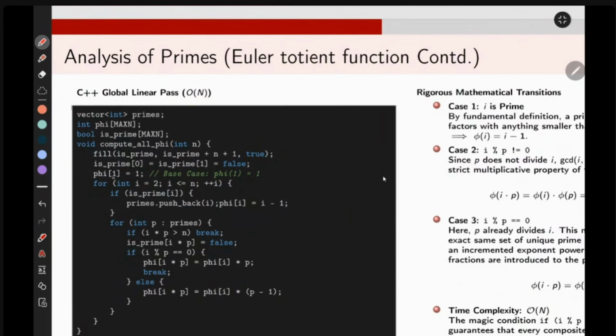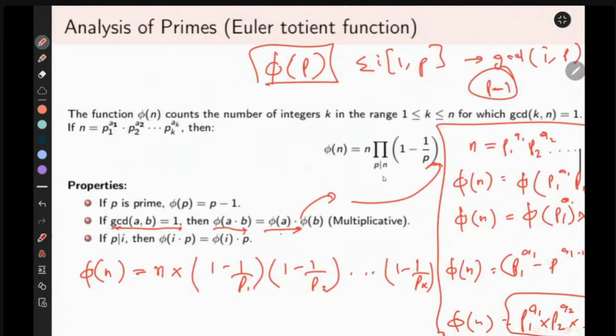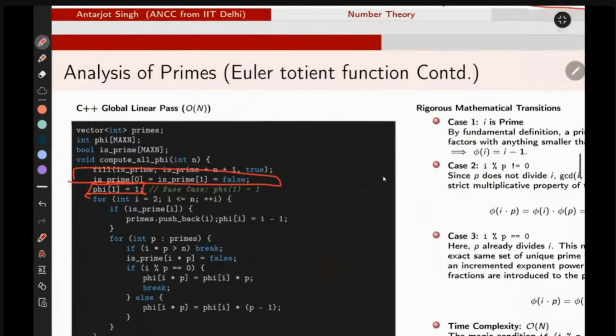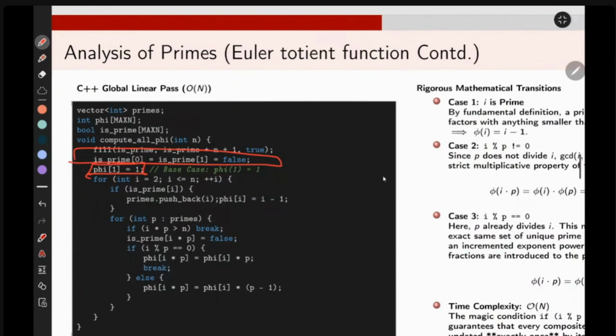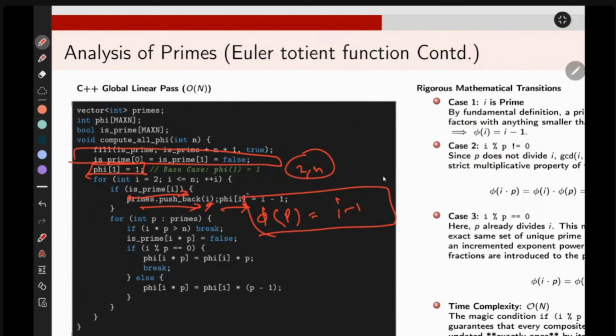As a base case, phi of 1 is 1, and based on how this works, you go from 2 to n. If the number is prime, you push it to primes, and phi of p is, obviously we know, this. So we did exactly this.